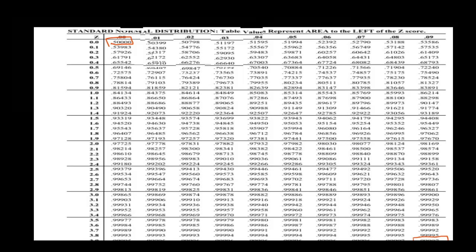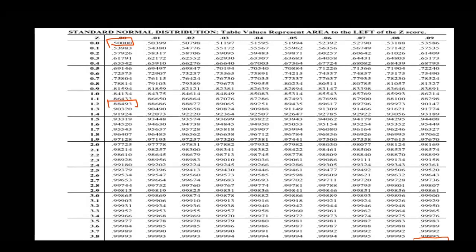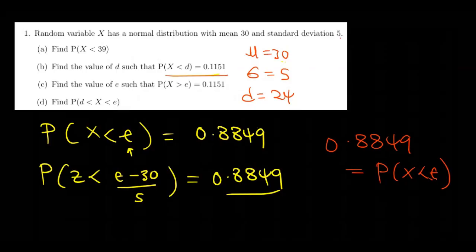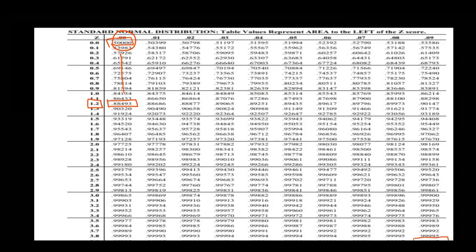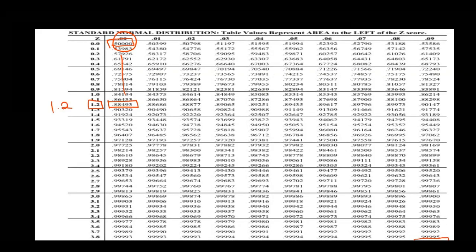So 8849, we're going to find it there. Okay, so if I go up, this is 0.00, and then if I go this side, this is 1.2. So 1.2 plus 0.00, so we're going to get 1.20 like this.